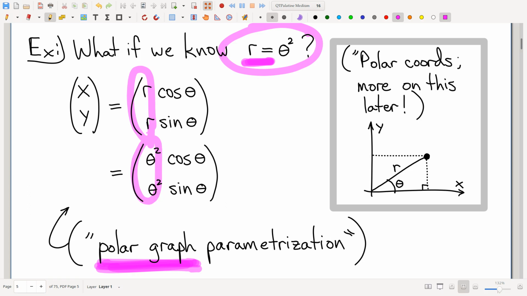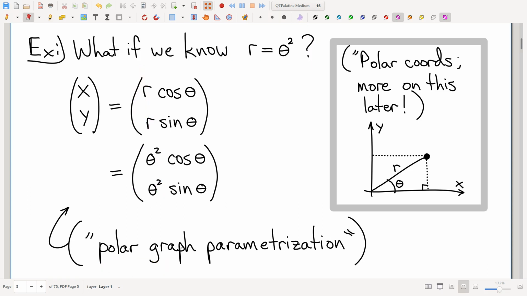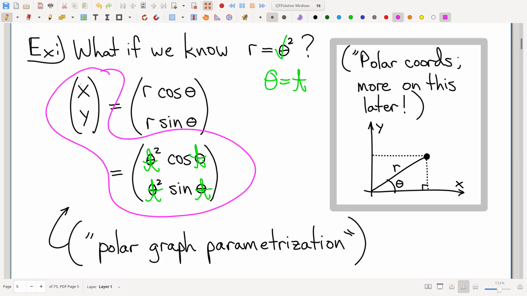And by the way, if you want to let the input variable be t, if you want to say theta equals t, because that's the input variable, you can do that. And then you'll have arguably the same formula for position as a function of a variable. It's just that now your variable is t instead of theta.